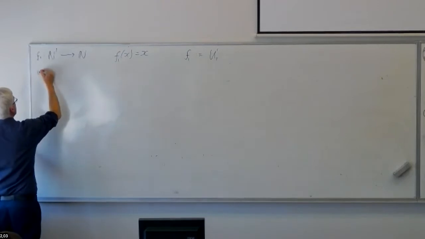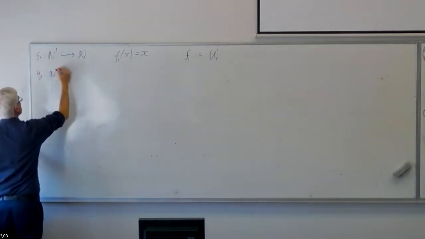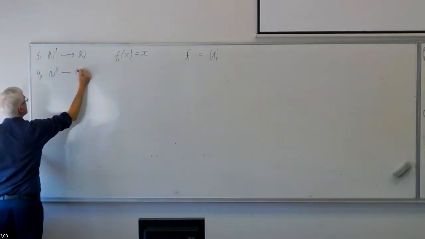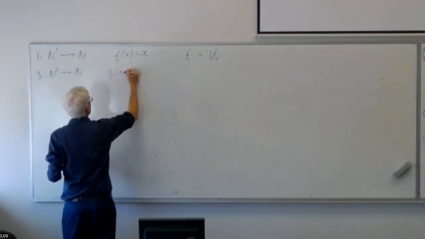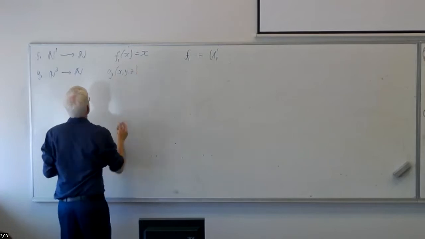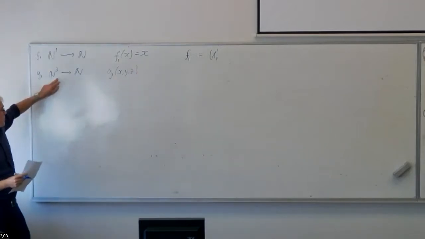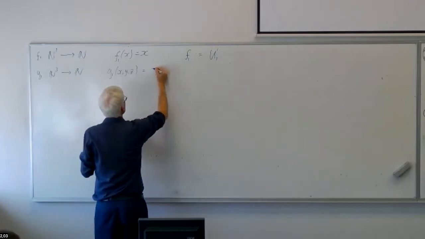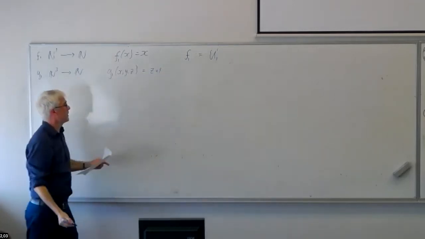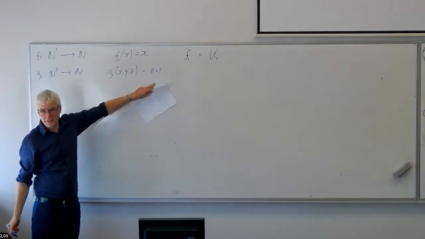Now I'm going to define g1. This is the function g1 that takes a three-tuple of arguments and returns the third argument with 1 added to it.